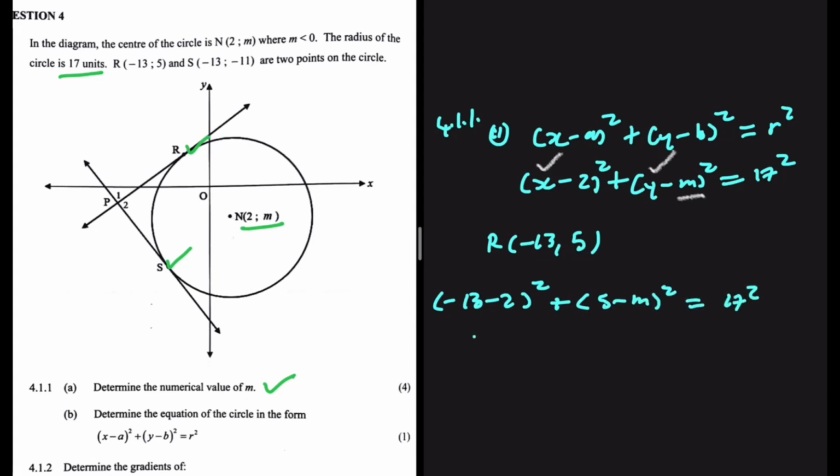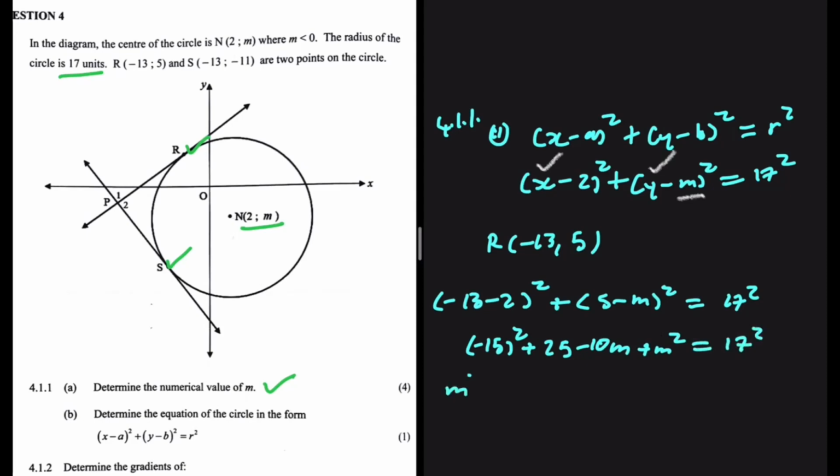Minus 13 minus 2, that is minus 15 squared, plus (5 minus m) squared. 5 times 5 is 25. 5 multiplied by minus m is minus 5m. You multiply that by 2, you get minus 10m. And then minus m multiplied by minus m is plus m squared. This is all equal to 17 squared.